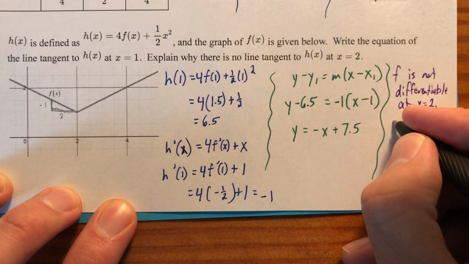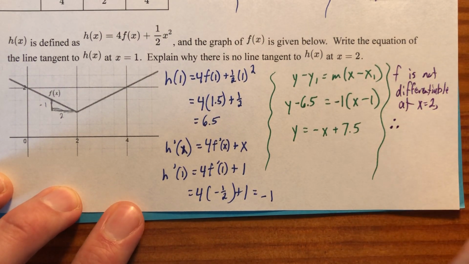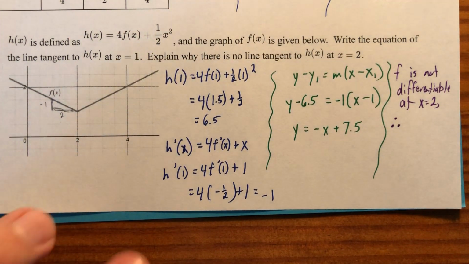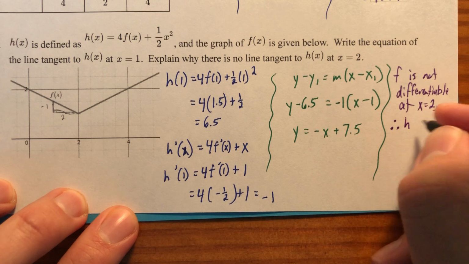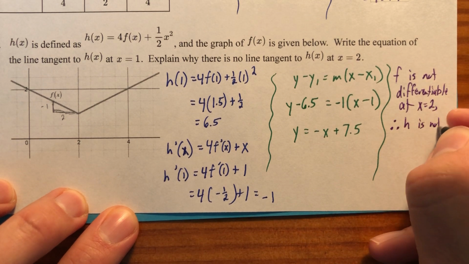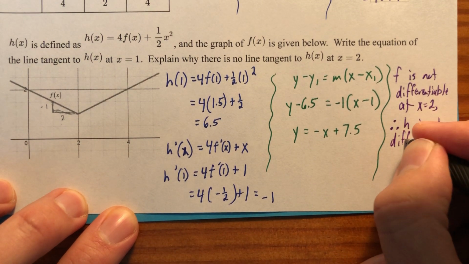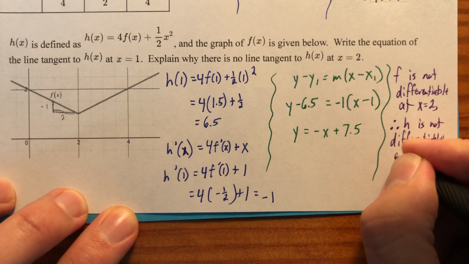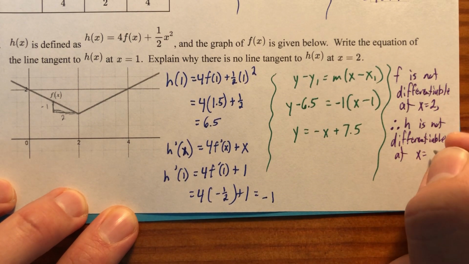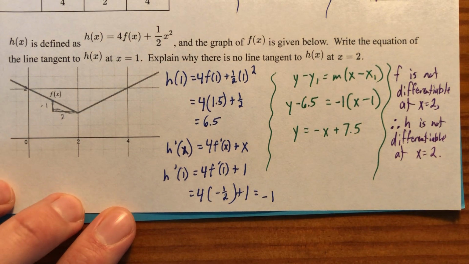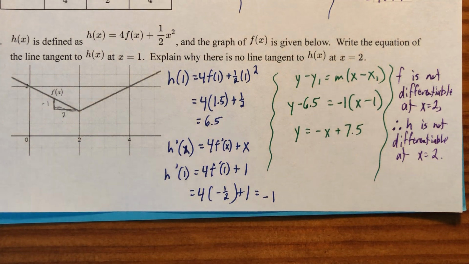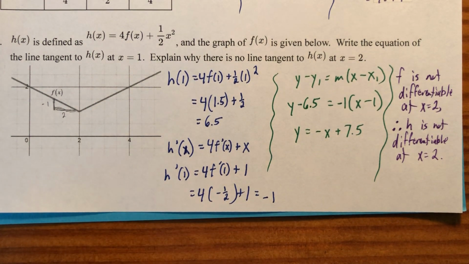And therefore, and here's our 3 dots again. Therefore, I'm bothered that a 2-syllable word has 3 dots that represent it, but whatever. Therefore, h is not differentiable at x equals 2. And that's why. That's the reason why. Because we don't have the slope at that specific point, we can't find the equation of a line that's tangent to it.